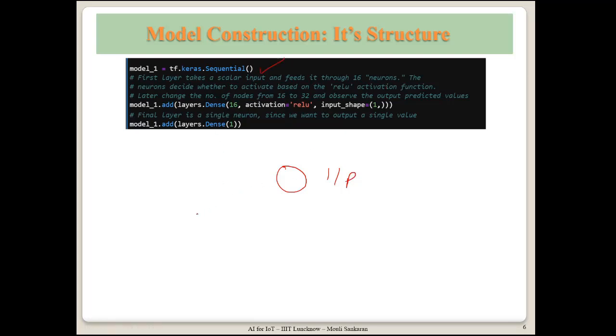And then we say that I want a dense layer of 16 nodes, and the activation function for each of them is ReLU. We need 16 nodes, and for the input shape we say it is a single dimension. In this case we are also mentioning the input shape for this particular layer.